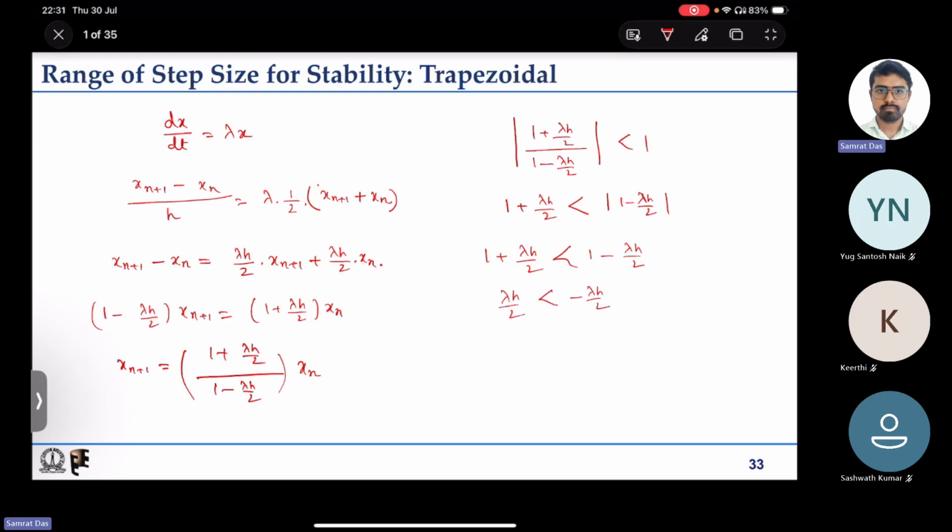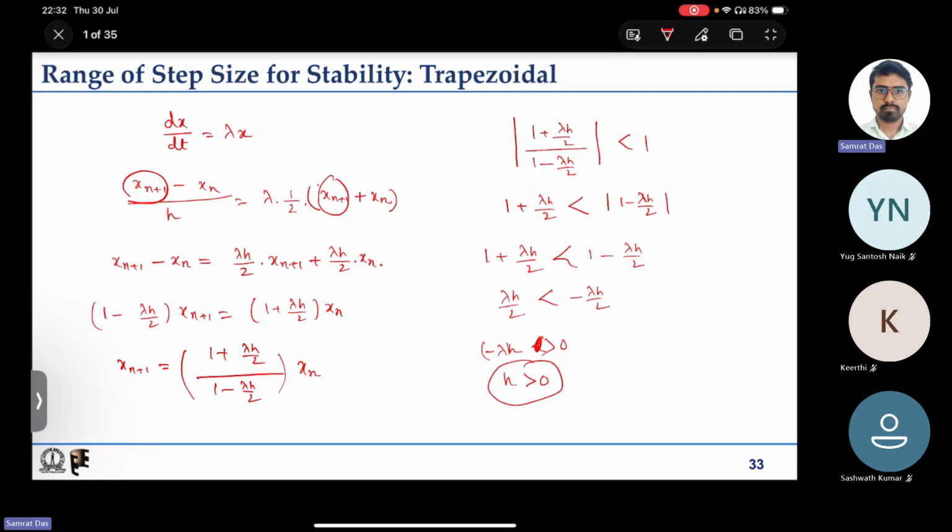If we take them on the same side, we have λh less than 0, and if we consider the negative sign of that, it will become greater than, so h is actually greater than 0. In this case also, for any value of step size, because trapezoidal also is an implicit solution, n+1 exists on both sides of the solution.